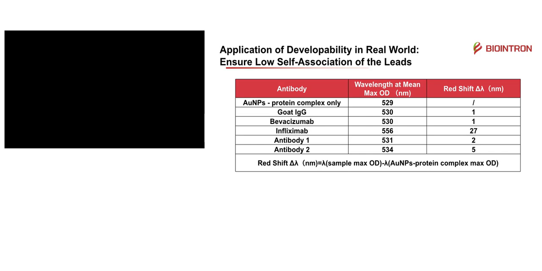Just to let you know, infliximab, of course, is a very famous antibody, and it was approved and was a blockbuster. But when we built the assay, we saw the data, and we saw the data in the literature as well.